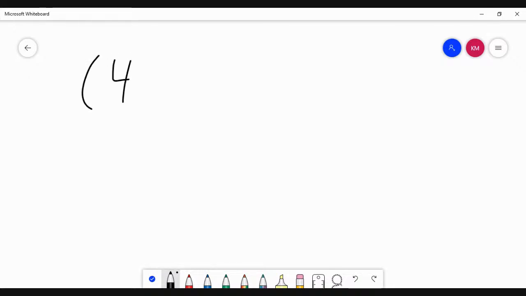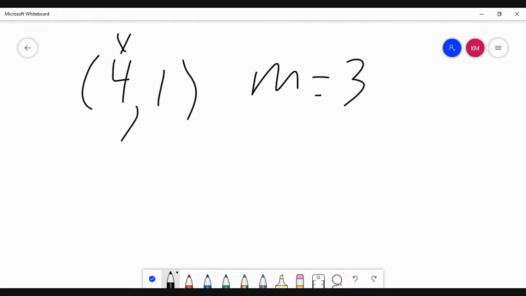Found one. All right, so now you have 4, 1, and the slope is 3. Label my point, x1, y1, and write my formula.